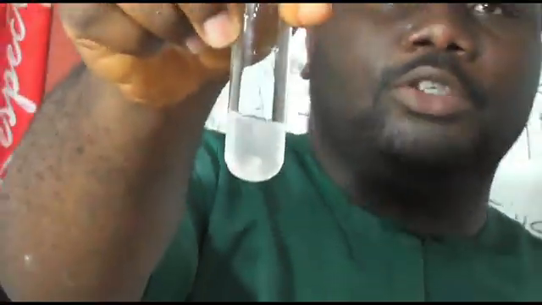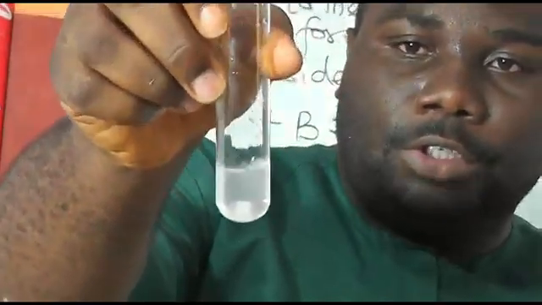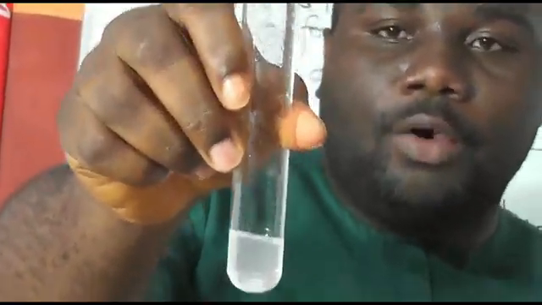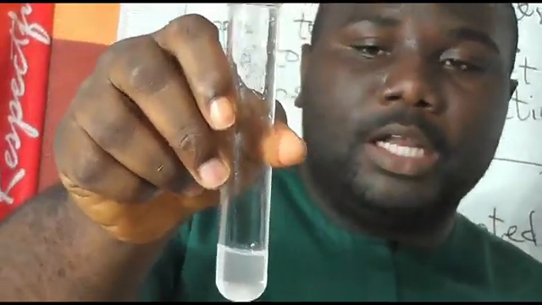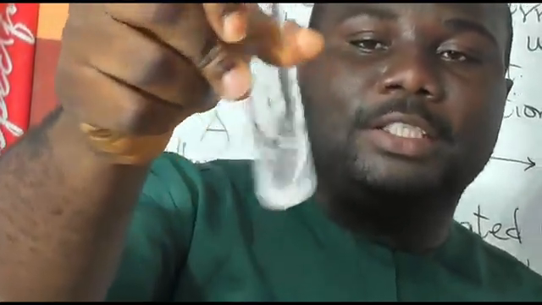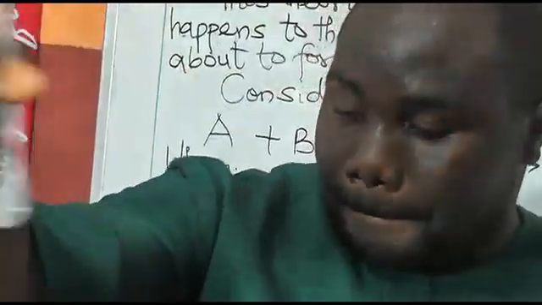You can see, we still have a pellet inside. It will dissolve with time. It's just to show you that when the surface area is small, then the rate of reaction tends to be slow, and vice versa.